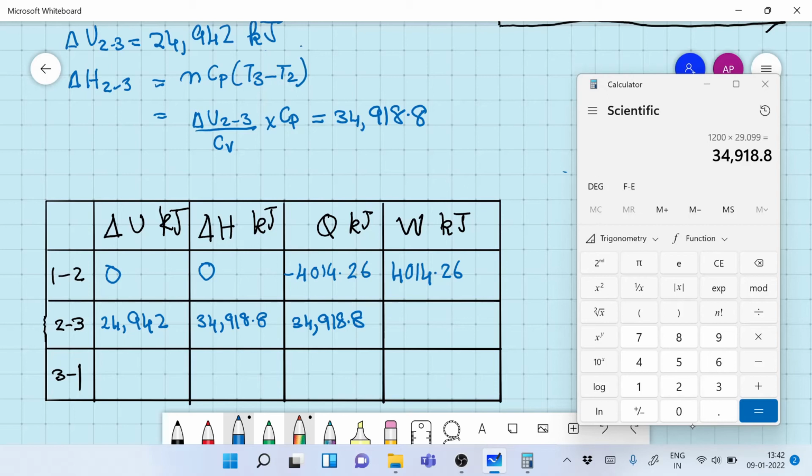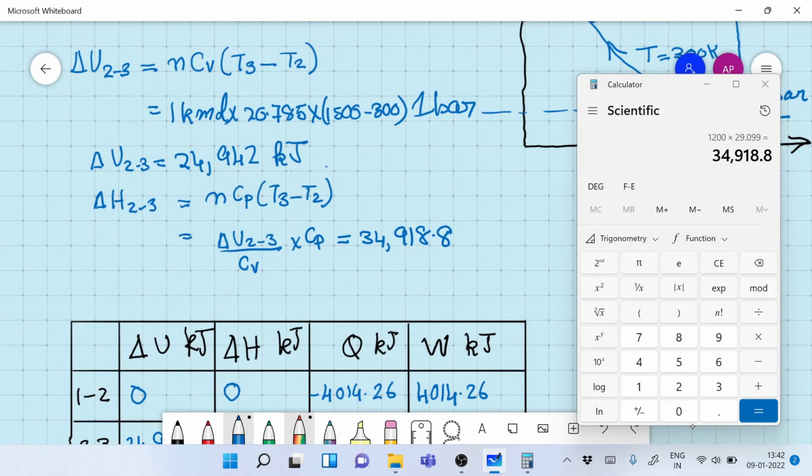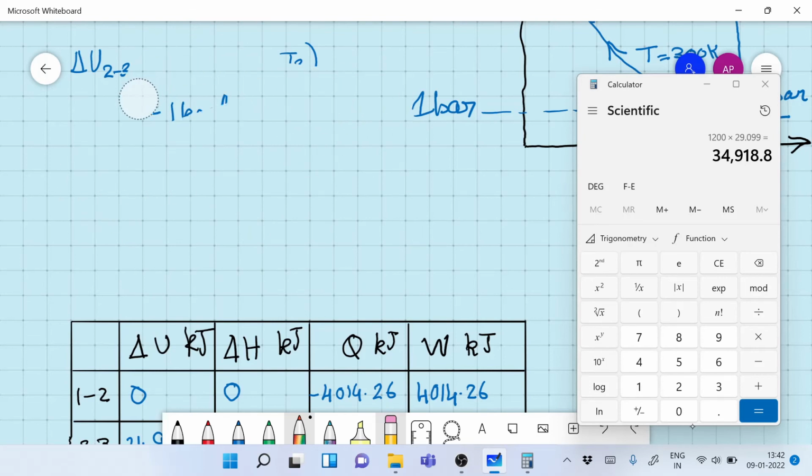And what is the work done? Well, we first apply the first law to the process, and we get it. It's done in a very simple way. For a closed system, if we apply the first law, change in internal energy is equal to Q plus W, where W is the work done.